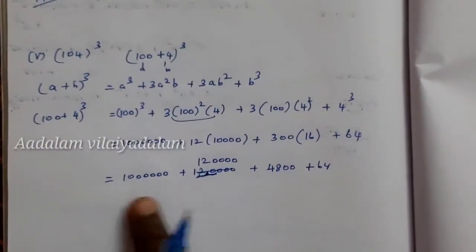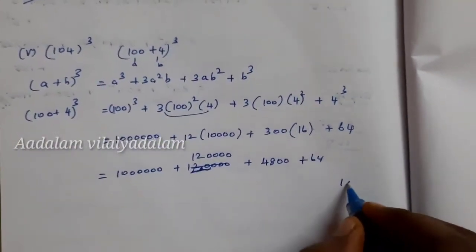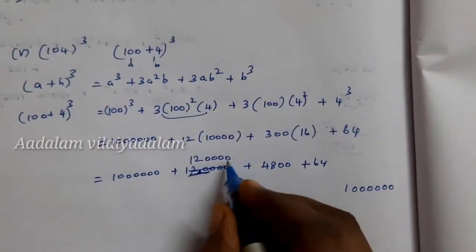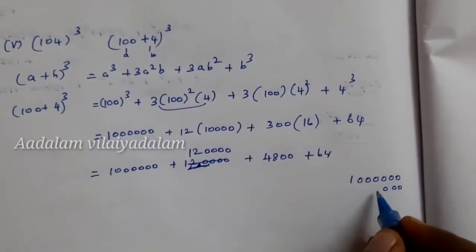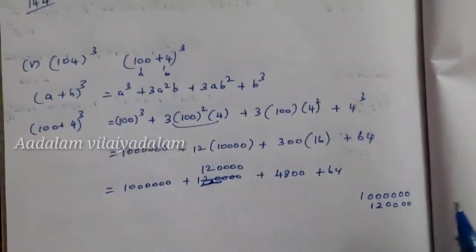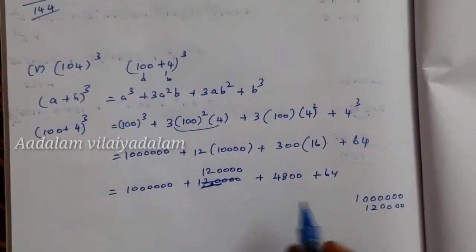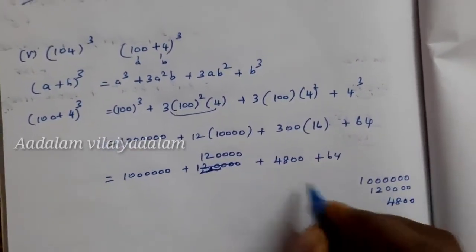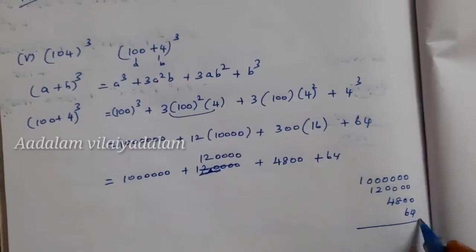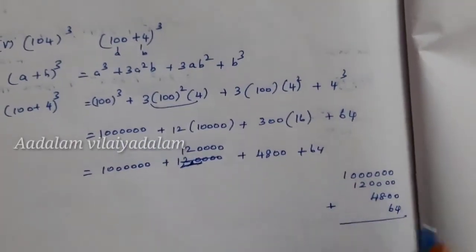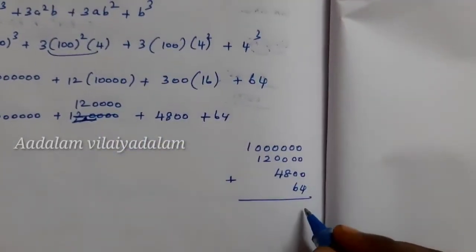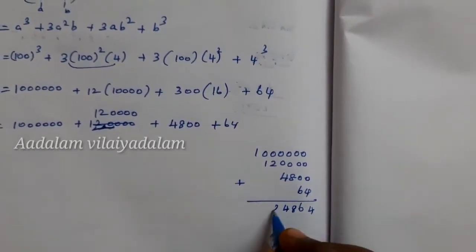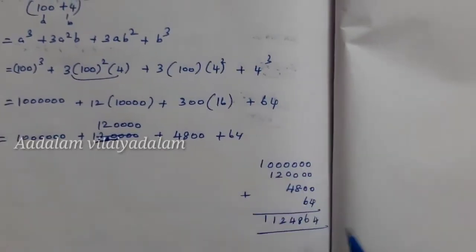Now we are going to add all these values. Next value is 4,800 and then we get 64. Add all these values. So we get 4, 6, 8, 4, 2, 1, 1.